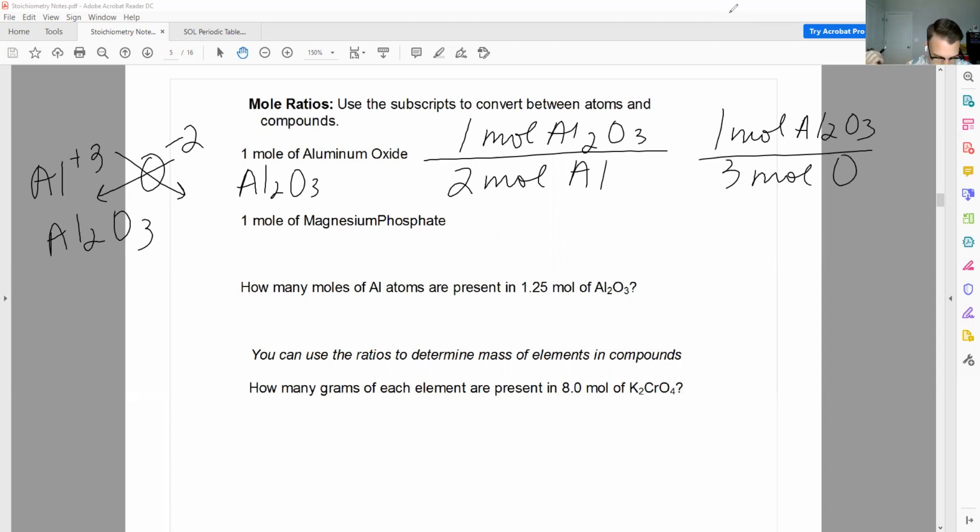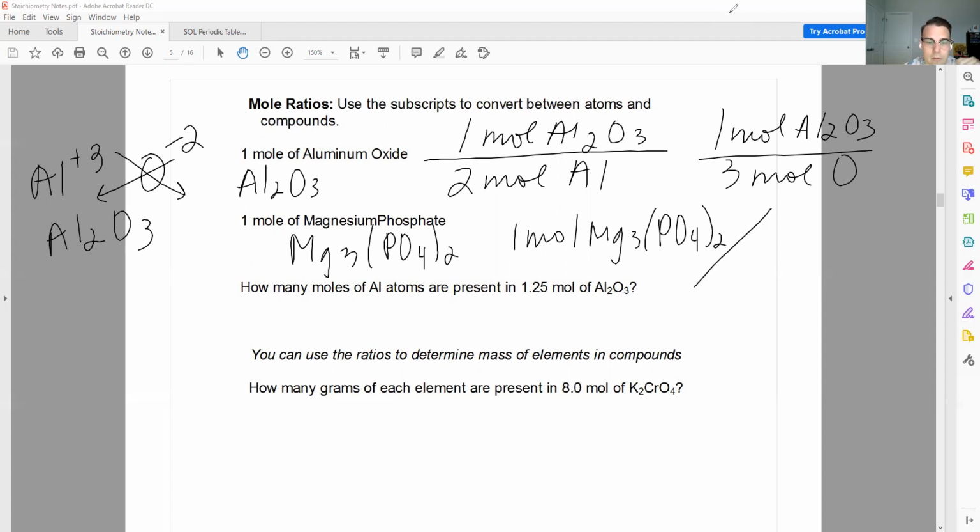Okay, you get the idea. Magnesium phosphate: a mole ratio would be for every 1 mole of magnesium phosphate, I could have 8 moles of oxygen, just based off of the formula.